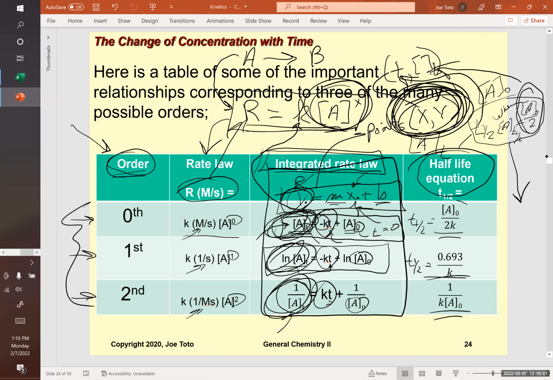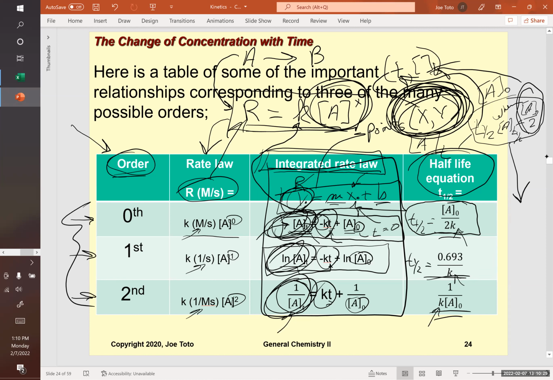So the amount of time that it takes to cut the initial concentration in half for a zeroth order reaction is dependent on the rate constant. It's inversely dependent on the rate constant here, here, and here.